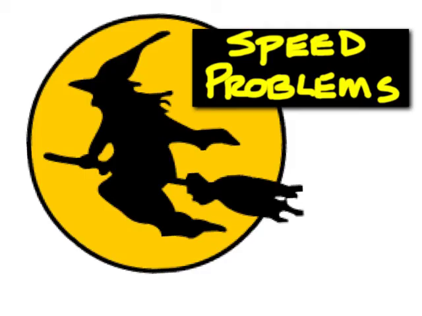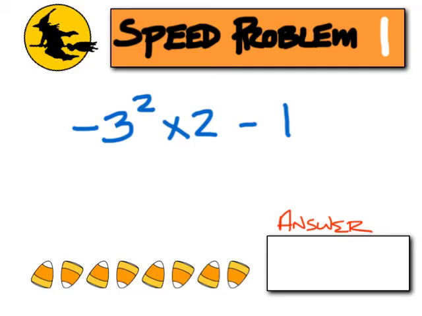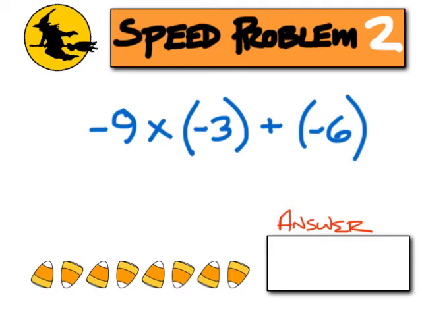Answer is negative 4. Speed problems, and these are not going to have a bonus for the first one up here, so there's no need to kill each other going around the back of the room. This will go to the first 7. Answer is a negative 19.